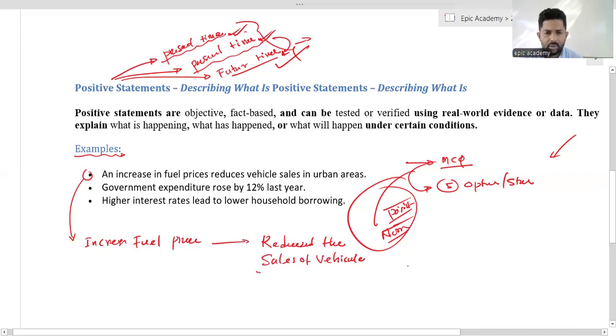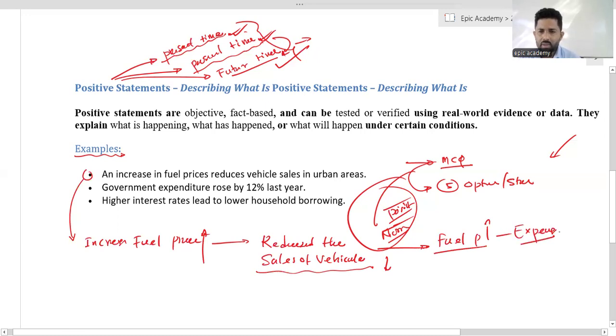Vehicle sales reduce because fuel prices are increased. Is that practical? Yes. If fuel prices increase, what happens to the expenses of using vehicles in the urban area?